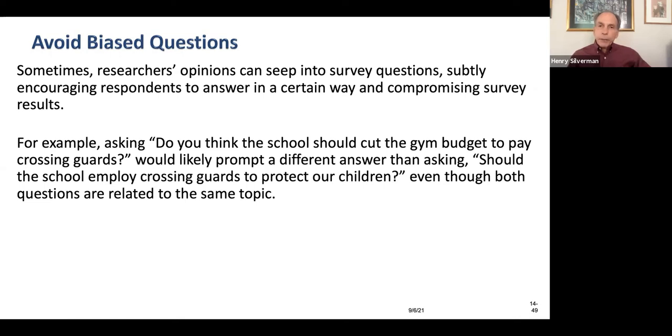That would likely prompt a different answer than asking, should the school employ crossing guards to protect our children, even though they're both related to the same topic. So, cut the gym budget has a negative connotation, and it may be a leading question.